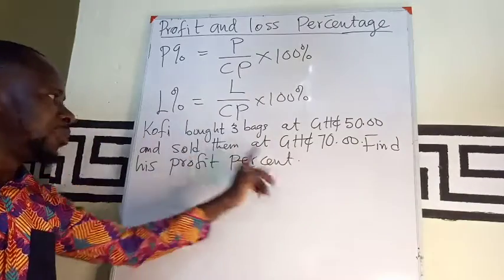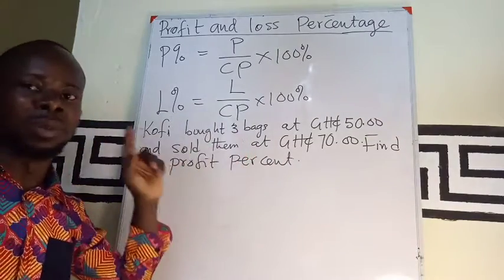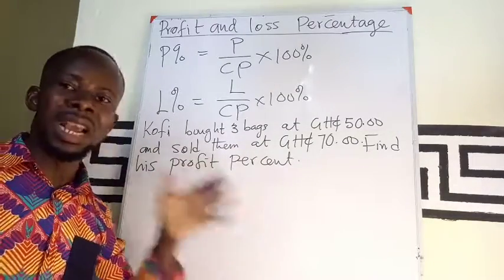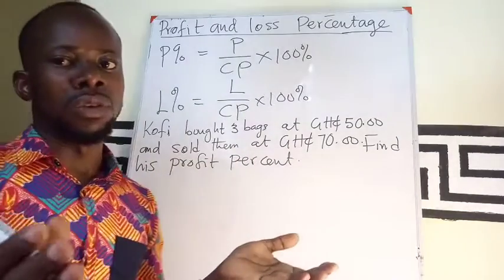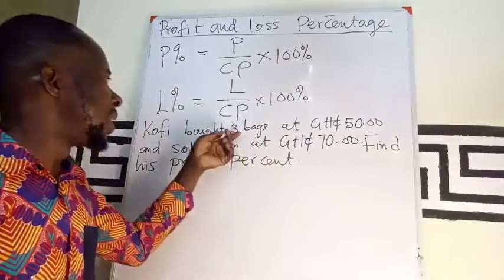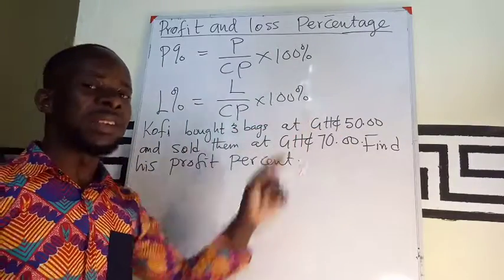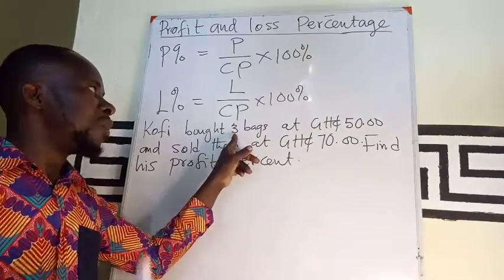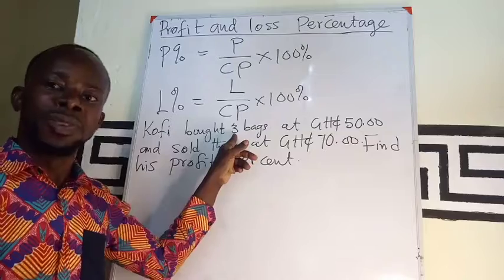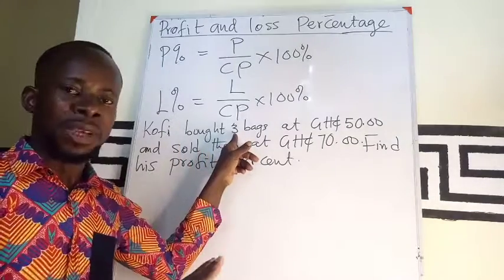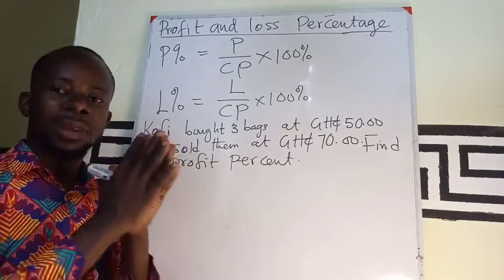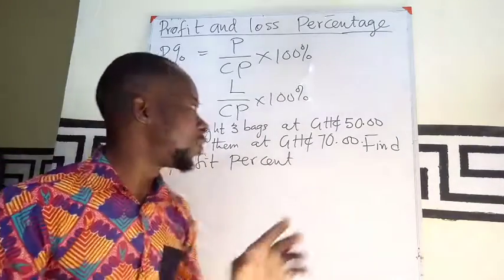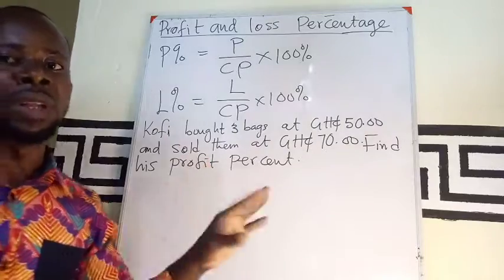Then the selling price is also for the 3 bags sold at 70 Ghana cedis, no unit cost. So there is no need to calculate a total cost for 3 bags. If it were 3 bags at 50 Ghana cedis each, the cost price would be 150. But in this case, all the 3 bags cost 50 Ghana cedis and were sold at 70 Ghana cedis, so the 3 here has no effect on the question.